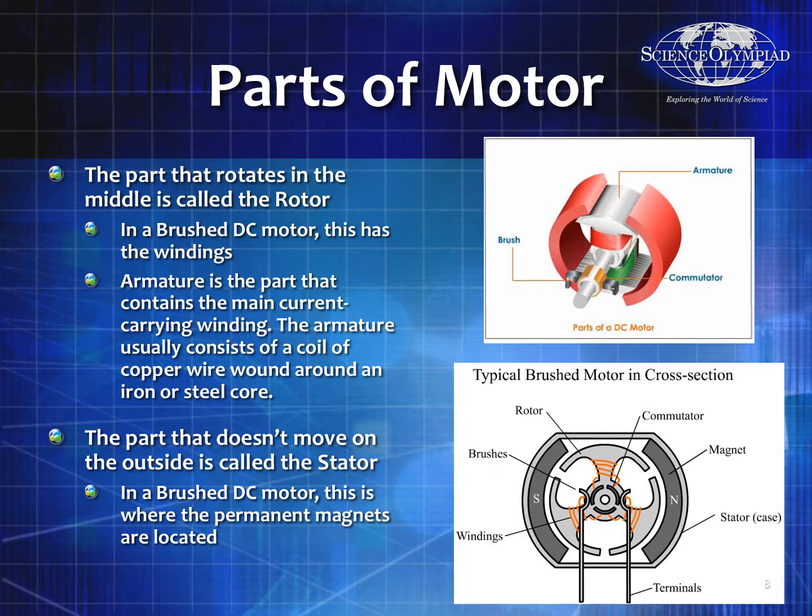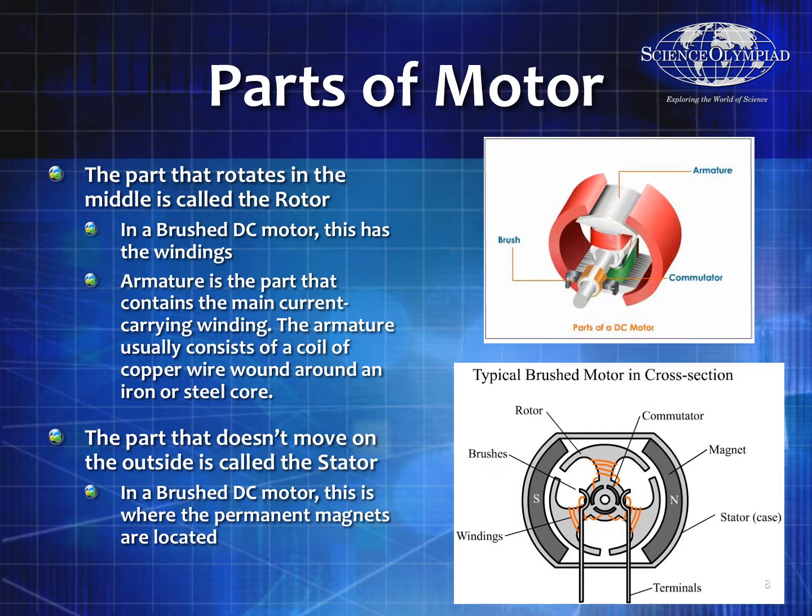In a brushed DC motor, this is the one that's got the windings, and what you'll see here is a three winding type motor. The armature is the part that carries the main current for the winding, and that usually consists of a coil with copper wire wound around an iron or steel core, as shown above.